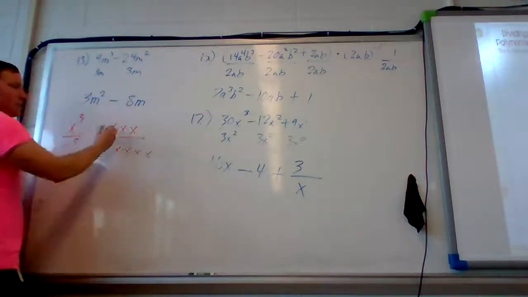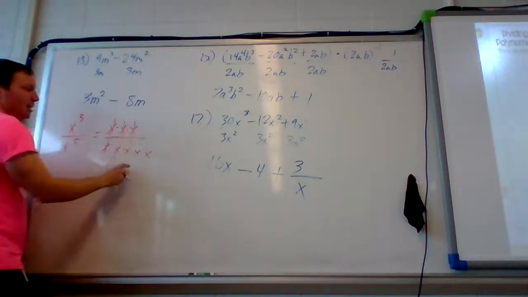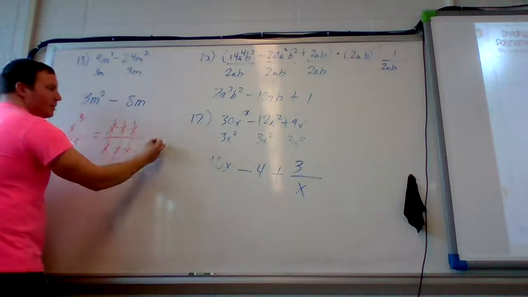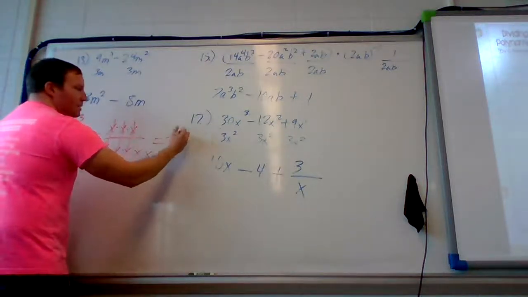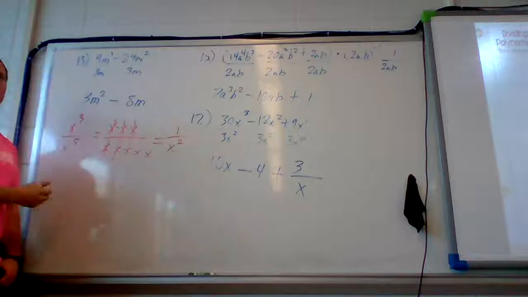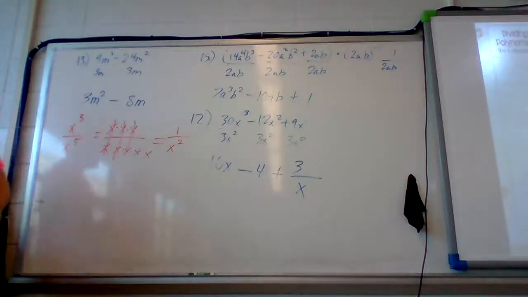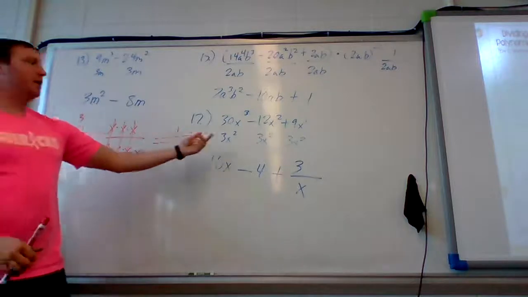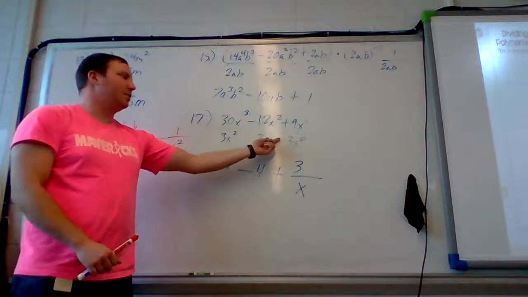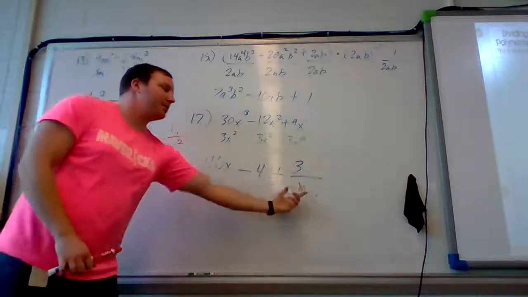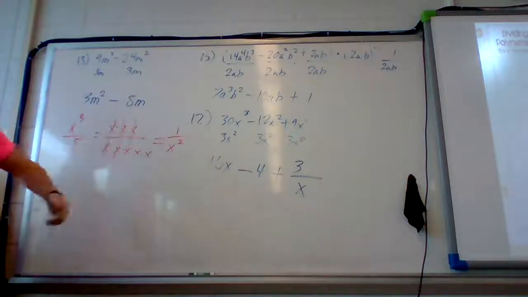When we divide, they cancel out, but we have those two left over. So we'd have that x squared in the denominator. Does that help clear it up? Yeah, that makes sense. So anytime you have a bigger degree in the denominator, that variable stays there. You just subtract that smaller number from it.